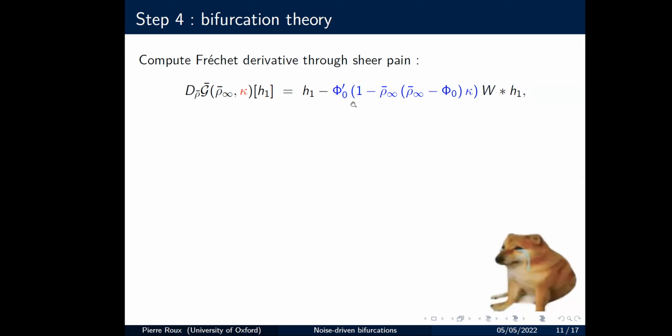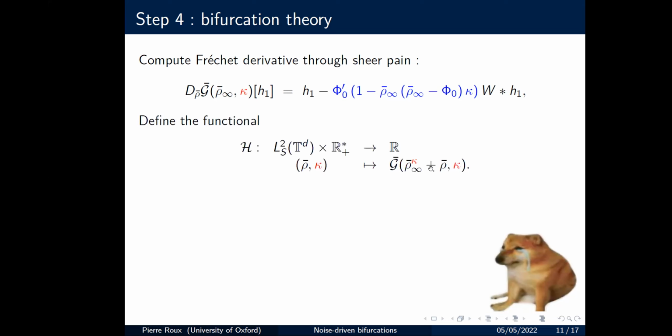But you may end up with this naive formulation with here this phi prime 0, which is the modulation function phi applied to the constant stationary state, 1 minus something that depends only on the constant stationary state firing rate and the noise parameter. And here you have this convolution of W with a test function, H1 in L2S.